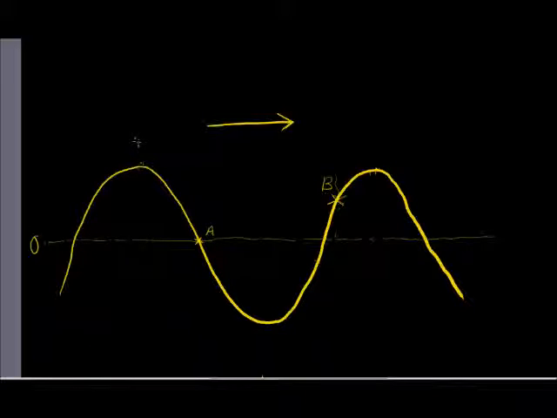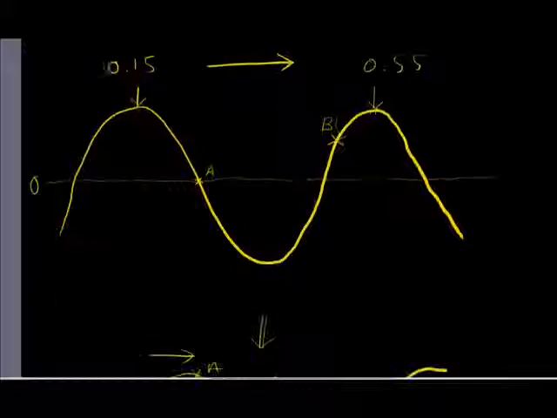To determine the wavelength of the wave, we can measure the distance between neighboring peaks. Let's say this point here and this point here. In the question, the position of this peak is given as 0.15, and the other one is 0.55.